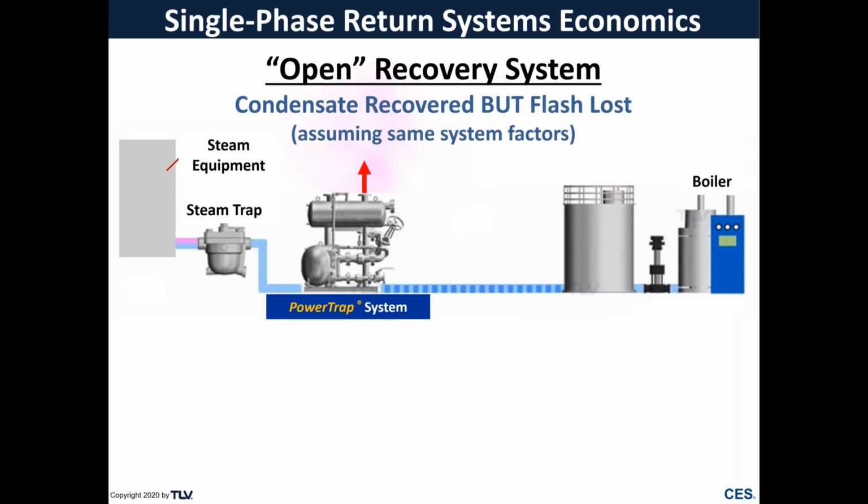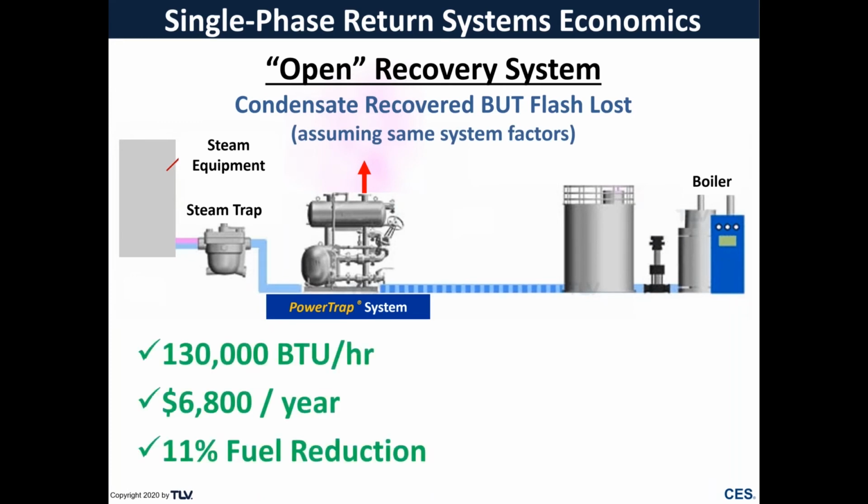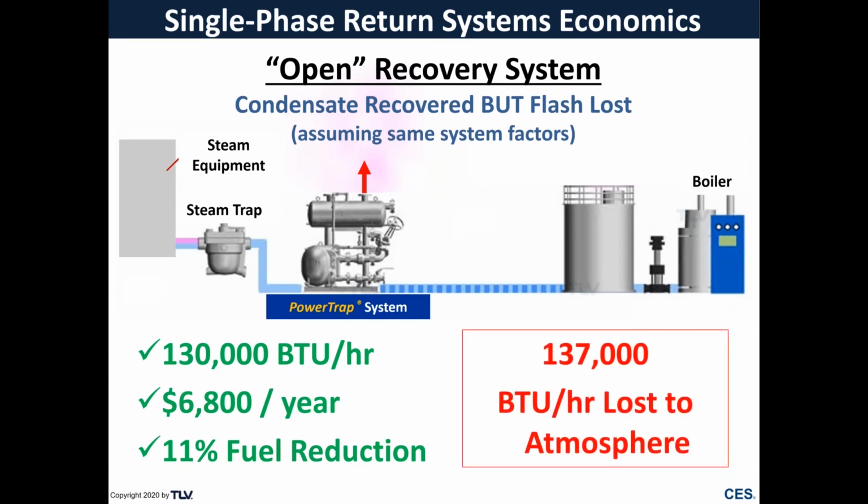And if we assume the same type of economic factors, we're still recovering about 130,000 BTUs an hour in energy associated with the heat of that condensate, which is almost $7,000 a year for 1,000 pounds of condensate. But here we're still losing about 137,000 BTUs an hour to the atmosphere. And that just might be a natural loss that we cannot recover, but there's things that we can do to try to recover that.